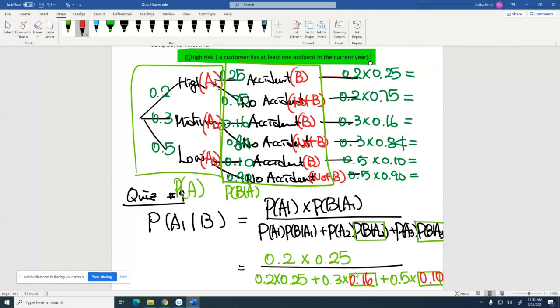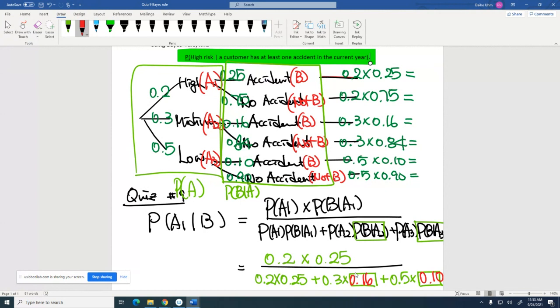That is 33.8%, not 3.0. Is this what it's supposed to be? No. Can you try this one again? 0.2 times 0.25 is 0.05.